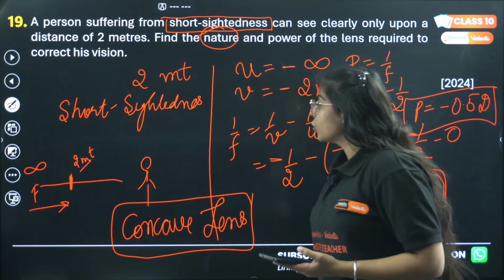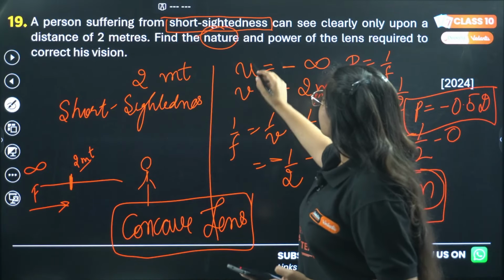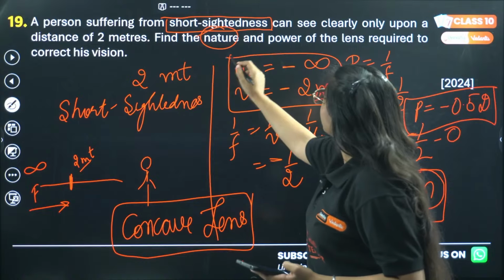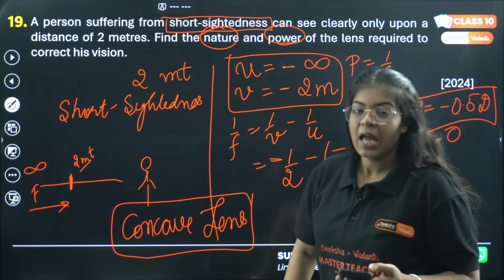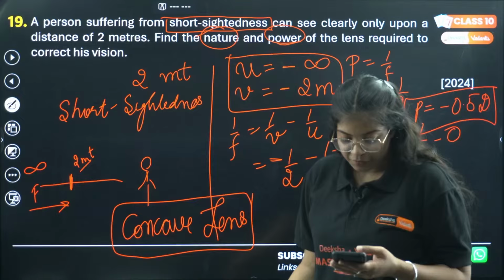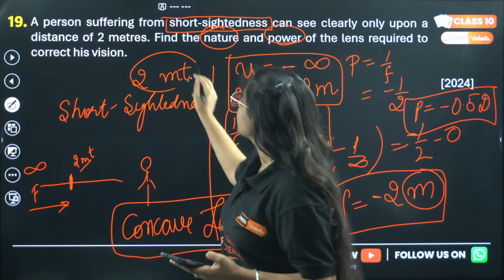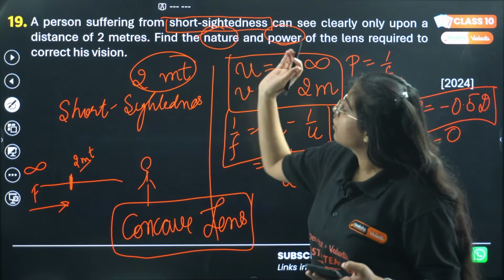See, you should know the chronological order. We need focal length to find the power, and we can also decipher the nature of the lens from power, correct? So we need to find the focal length. Now we have 2 meters, which is our far point.